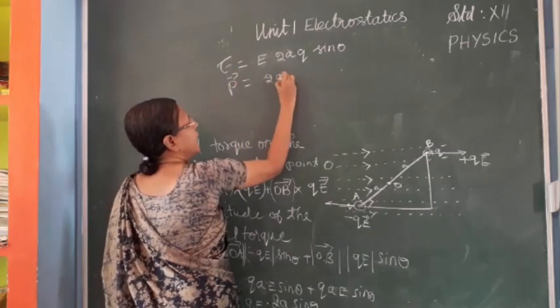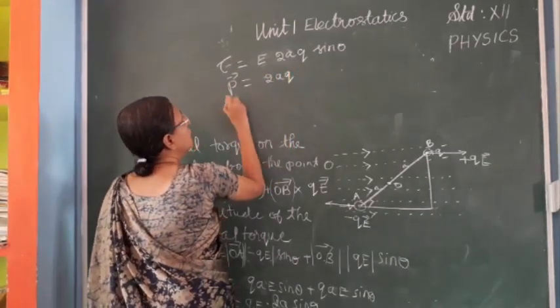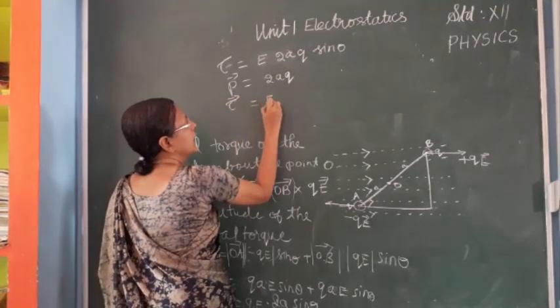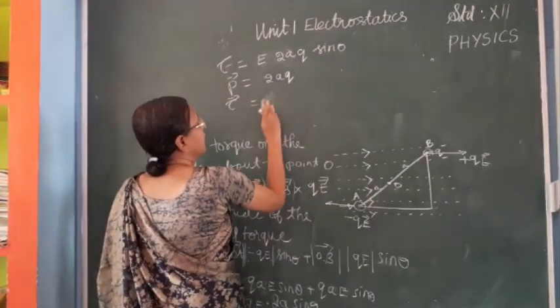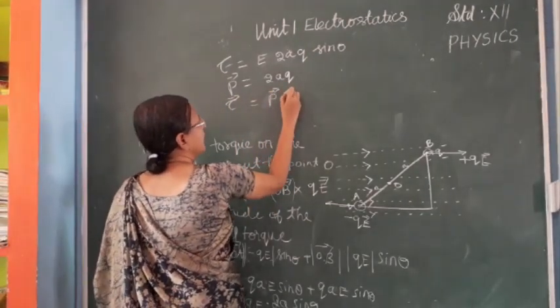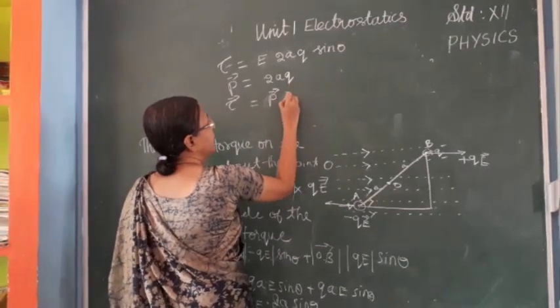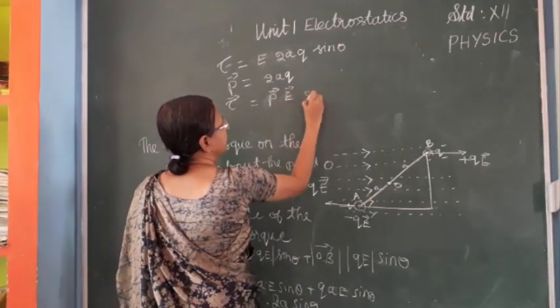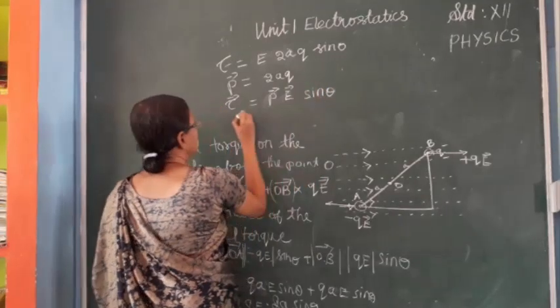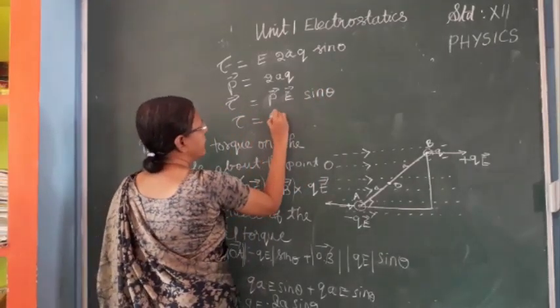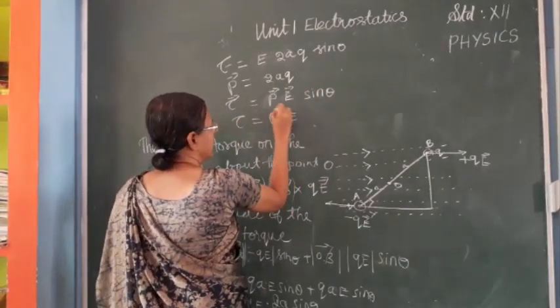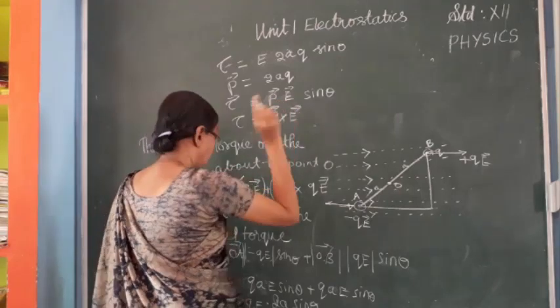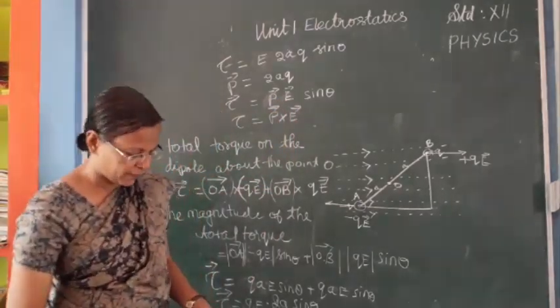So tau is equal to E 2AQ sin theta, that is P vector E sin theta. So we can write tau is equal to P cross E, P vector cross E vector. Okay, this is the formula.